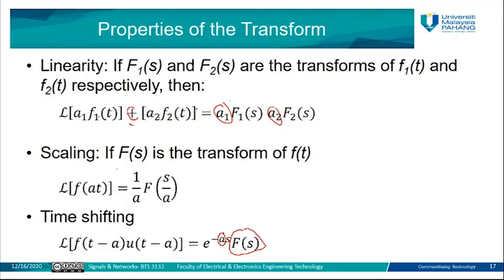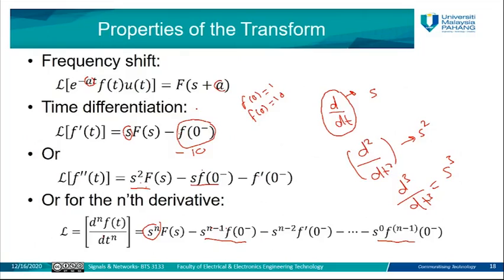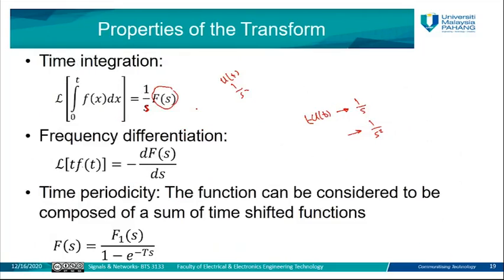These properties can be easily compared when you refer to this table. Then the time periodicity: if the function is a periodic function, which is repeated every period T, then the Laplace transform equals the transform of the first period, the original function, over 1 minus exponential negative Ts.